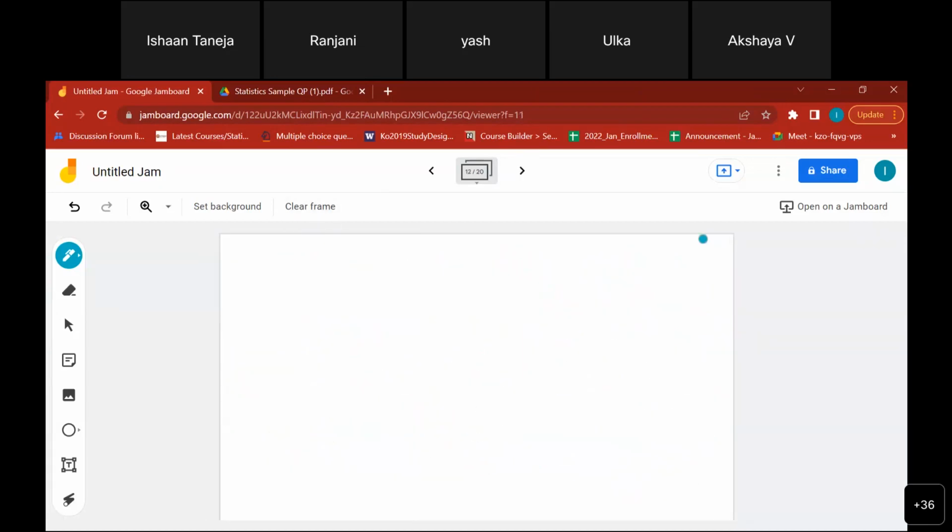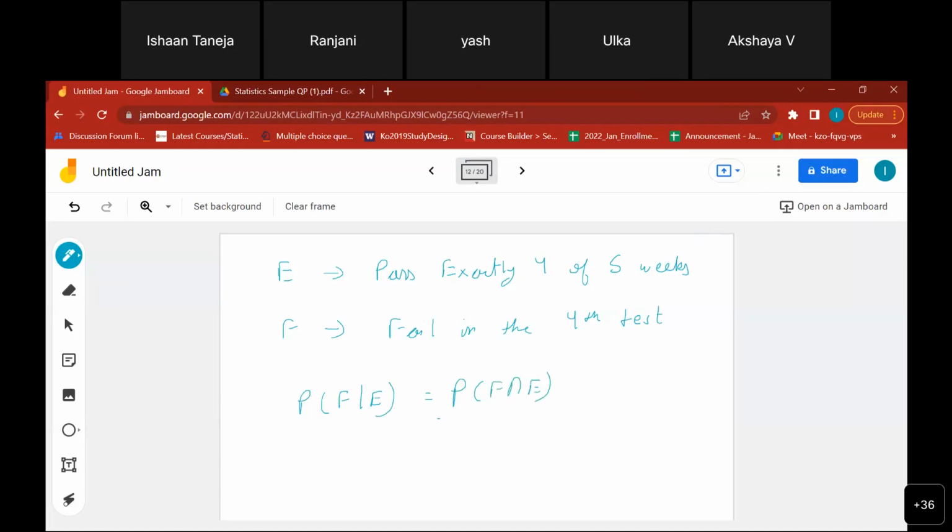So consider that event E is you pass exactly 4 of 5 weeks, and event F is that you fail in the 4th test, right? We need to find the probability of F given E, which is nothing but the probability of F intersection E upon the probability of E, right?